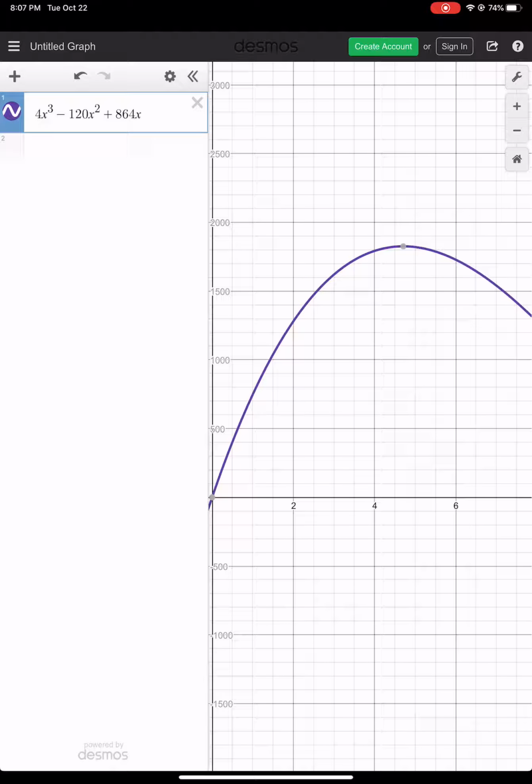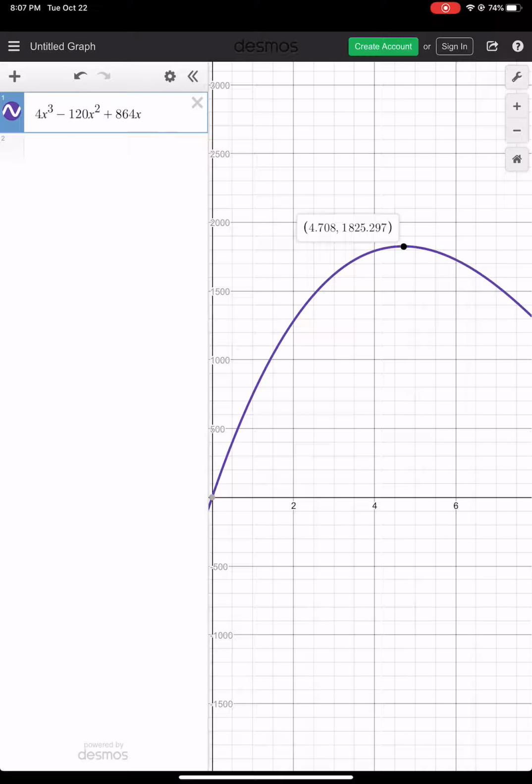Decimals, we're lucky enough where we can find the maximum by just clicking on it. Otherwise, we have to do it another way.